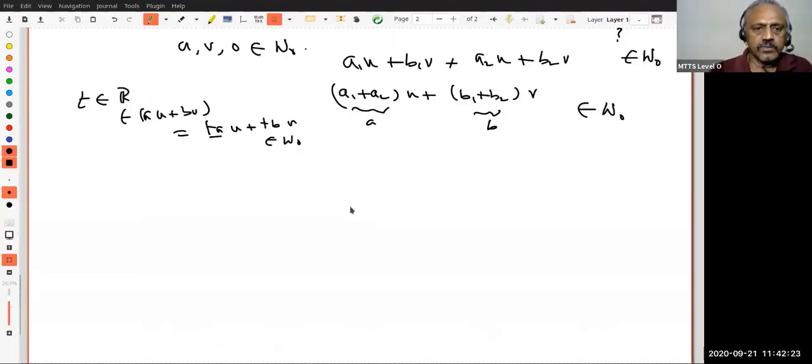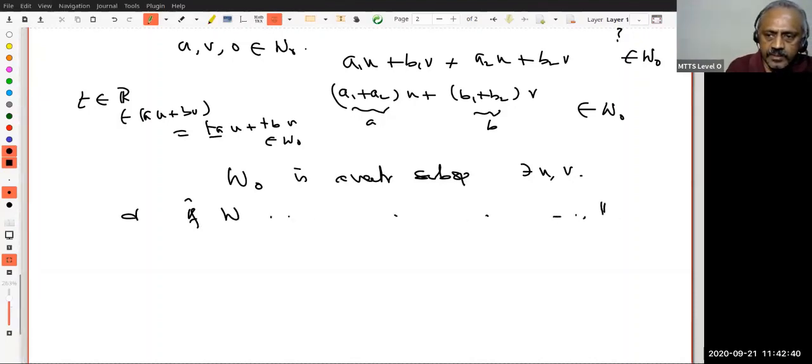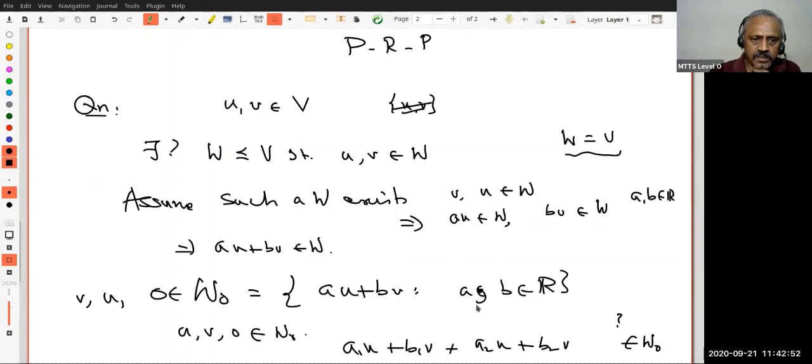Right? So what have we concluded? We have concluded W0 is a vector subspace containing the vectors u and v, and if W is a vector subspace containing u and v, then W0 is contained in W. Do you understand this? Go slow, make sure you understand. Because what did we start with?